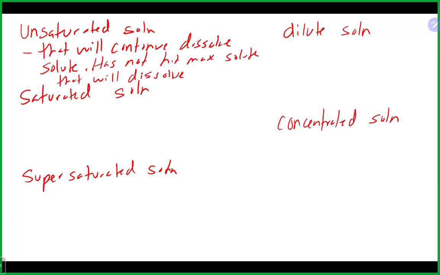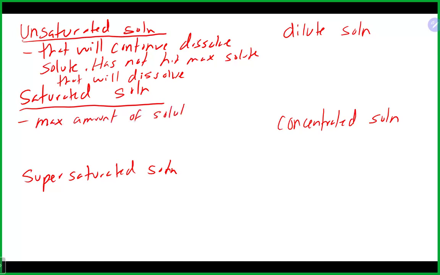So if you have an unsaturated solution, it definitely will continue to dissolve if you put more solid in it. And it will continue to dissolve until you hit the saturation point, which is the point where you hit a saturated solution. Now, a saturated solution is a solution that has the maximum amount of solute that will dissolve at a given temperature.